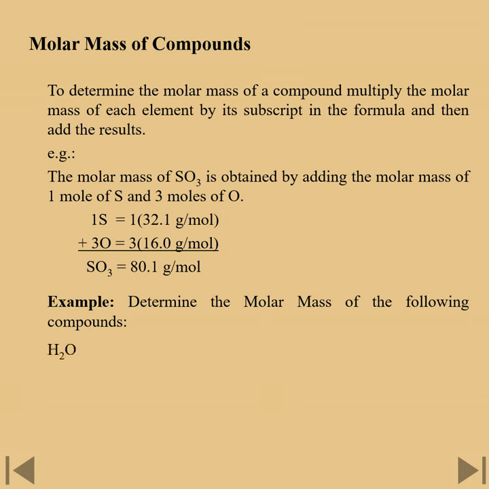Okay, this determines the molar masses. And first, for water, we have 2 hydrogens, each at 1.01 grams per mole. I'm getting these numbers right off my periodic table. And the oxygen, 16.00 grams per each mole, for 18.02 grams per each mole.